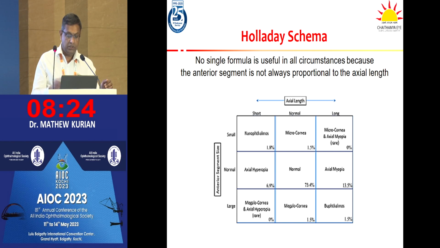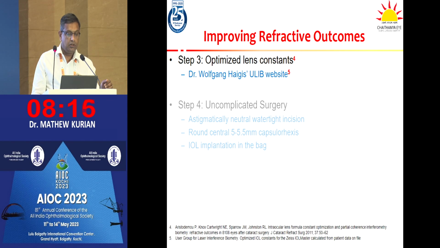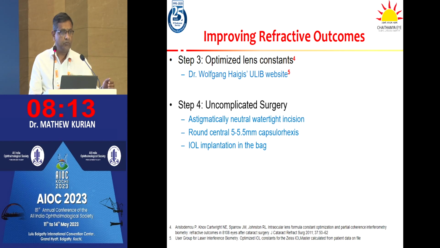When we look at optimizing, we need to look at this biometric data and optimize each of these columns separately. The other big improvement was the Haigis ULIB website, which gives optimized lens constants for multiple IOL models, and this is a continuously growing, dynamic field.